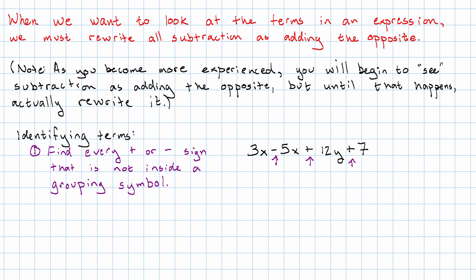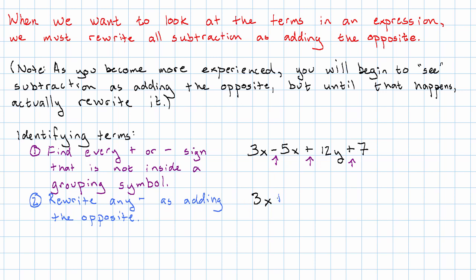Once we've done that, we want to rewrite any subtraction we see as adding the opposite. So I have 3x, and now I see a subtraction sign.